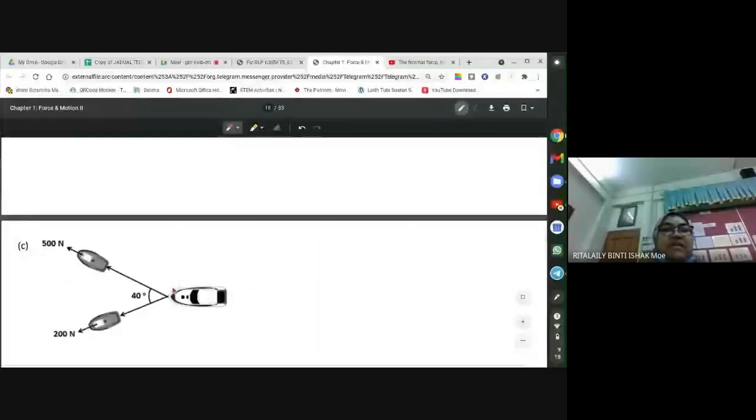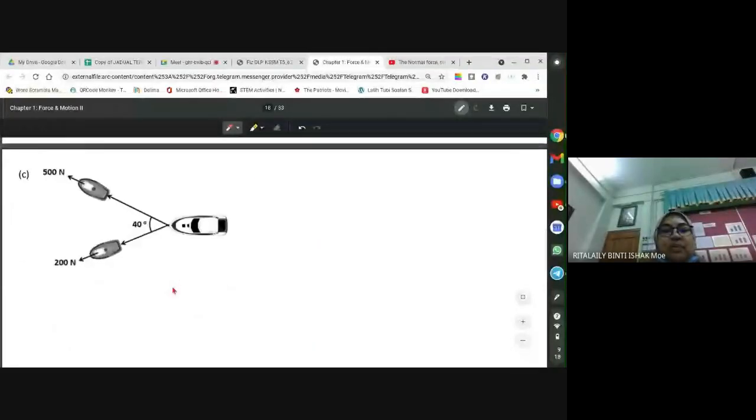For question C, it's very hard for us to calculate because we have two forces and the two forces are 40 degrees to each other. So we cannot use Pythagoras theorem. Pythagoras theorem is only for a triangle that is 90 degrees. So for this one, we need to use the method which I told you before.